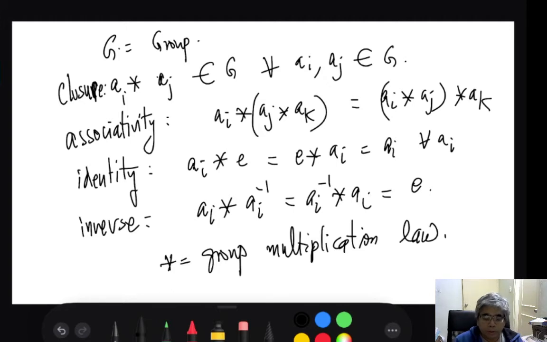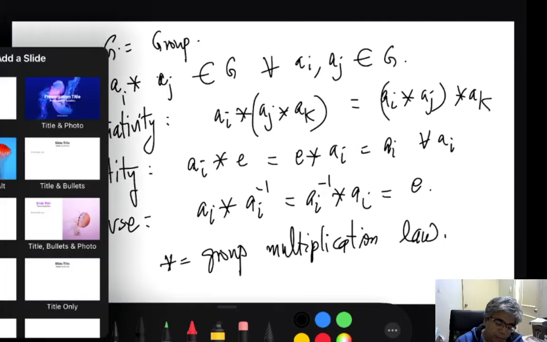You can say, I have a group whose elements satisfy closure, associativity, identity, and inverse, and there is some group multiplication law which satisfies all these properties. But I don't say what these elements are. These are abstract elements. You can always have an abstract group.